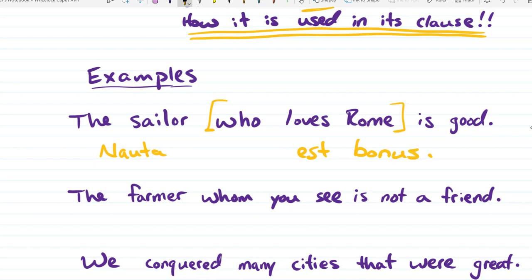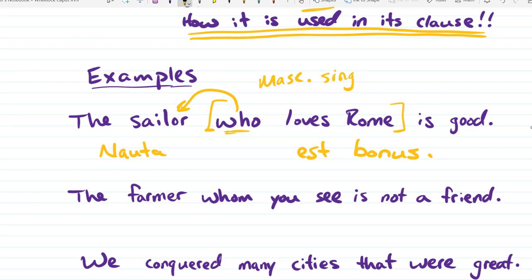The sailor is good. Who loves Rome? Now this who has to refer back to someone, its antecedent, and that's sailor. So sailor is nauta in Latin, which is masculine and singular.